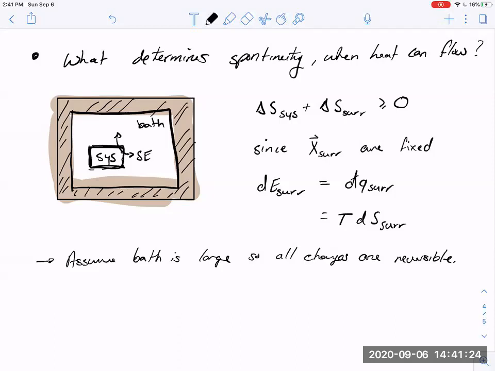If that is true, a restatement of the second law as the total change in the entropy being positive is to note that the change in the system plus the change in the heat of the surroundings over the temperature is greater than or equal to 0.